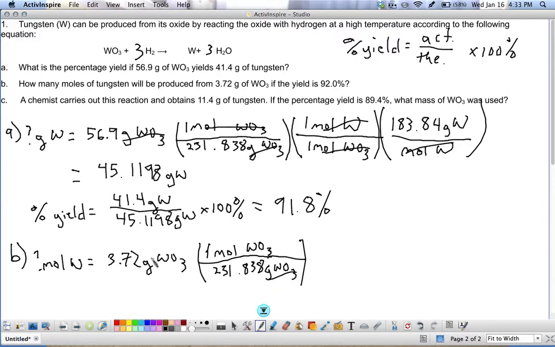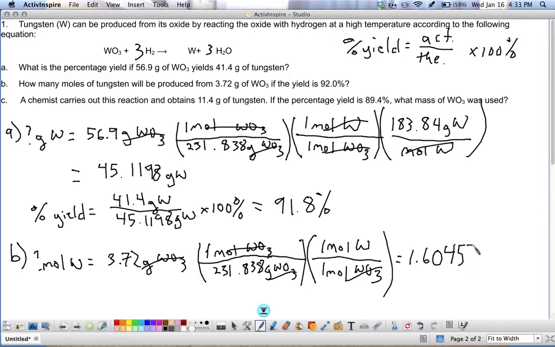Okay, and this gets rid of my grams of tungsten oxide and gives me moles, and then I just need to do a simple mole ratio conversion. 1 mole tungsten for 1 mole tungsten oxide. Gets rid of the moles tungsten oxide, and gets me moles tungsten, which is what I want. So that's 1.60457 times 10 to the minus 2 moles tungsten.